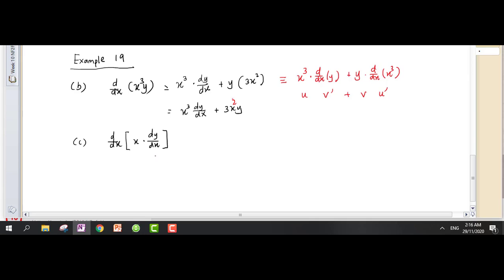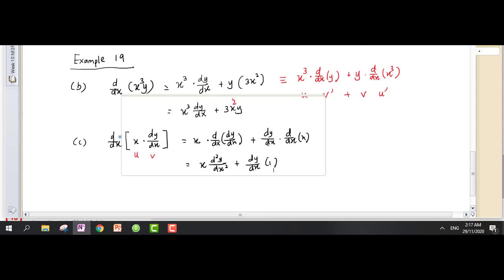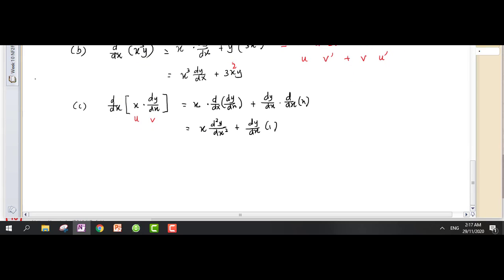Letting x be u and dy/dx be v, keep u, differentiate v, so differentiate dy/dx, and then plus, keep v and differentiate u. Simplifying, you get x times the second derivative, d squared y/dx squared, plus dy/dx times 1, because differentiating x gives 1. So that's question C.